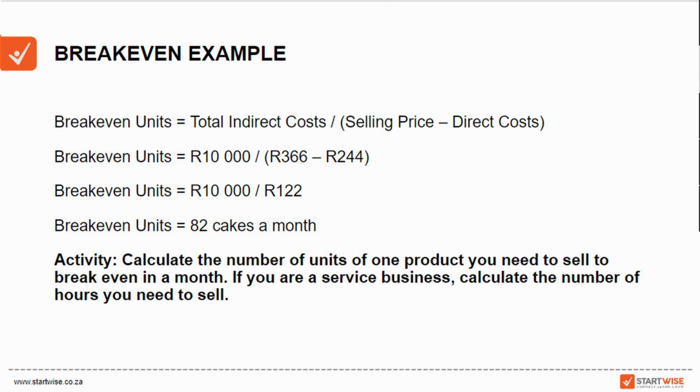So you would say 366 minus 244 is your 122 Rand, and that is divided into your total indirect costs for the month. So in Themba's case, he needs to bake 82 cakes a month before he even makes a profit.